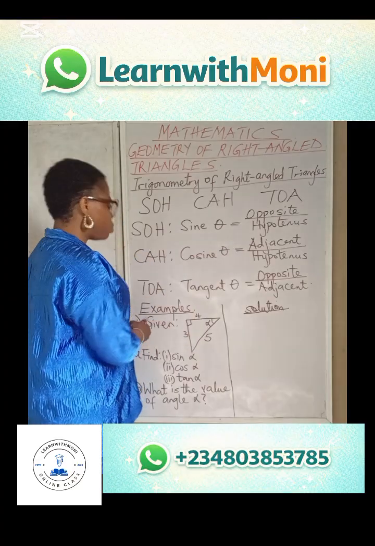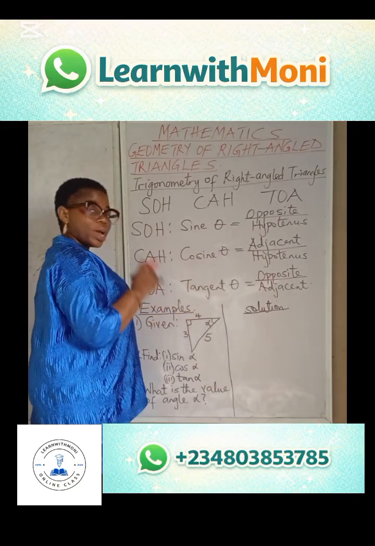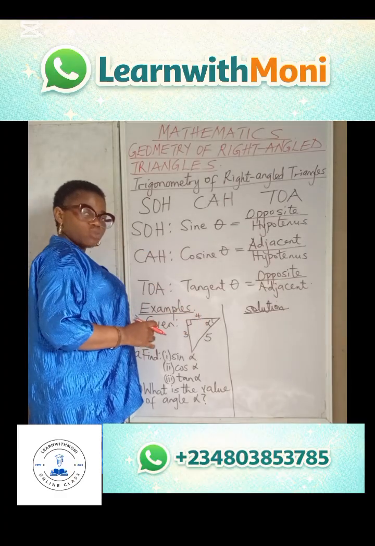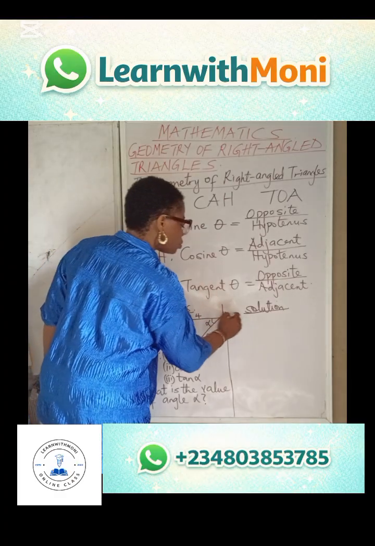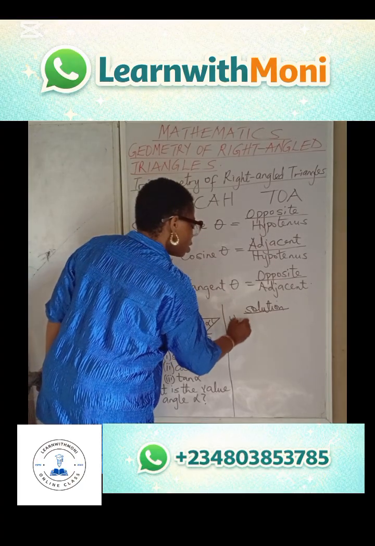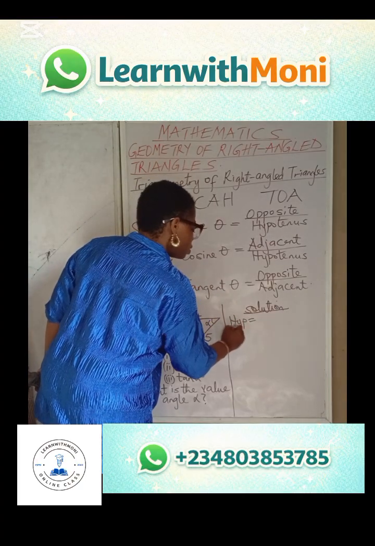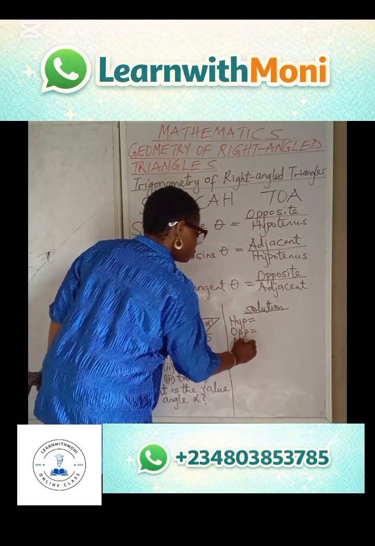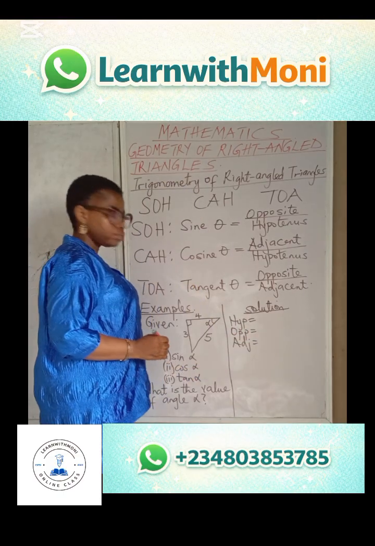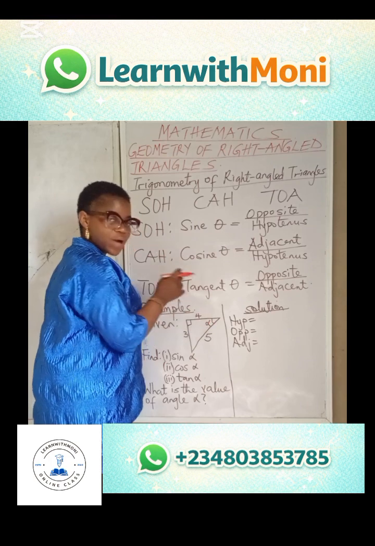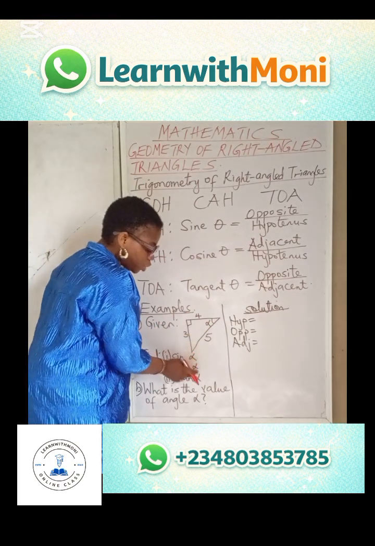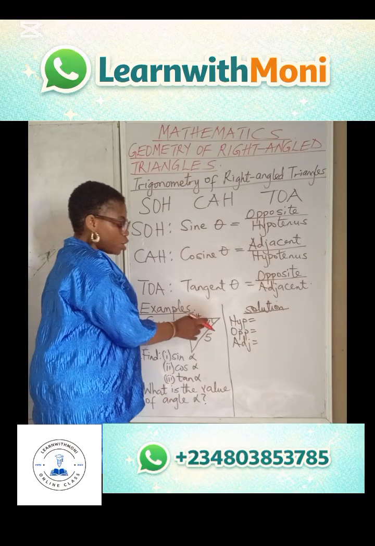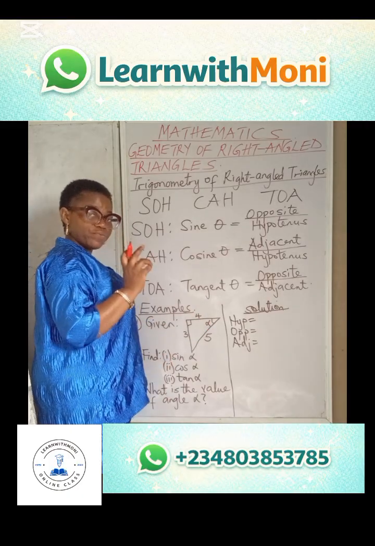The first thing I will do here is to identify the sides of this right-angled triangle: hypotenuse, opposite, adjacent. Because angle alpha is the consideration we have here, you can see it repeatedly in the question, I'm going to be using it as my reference.